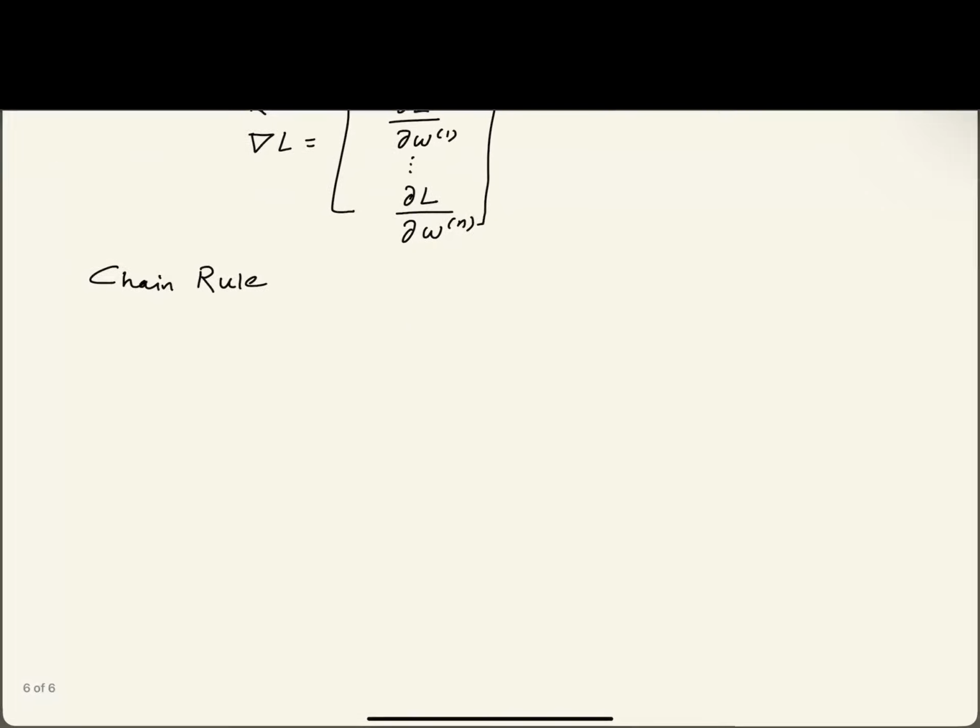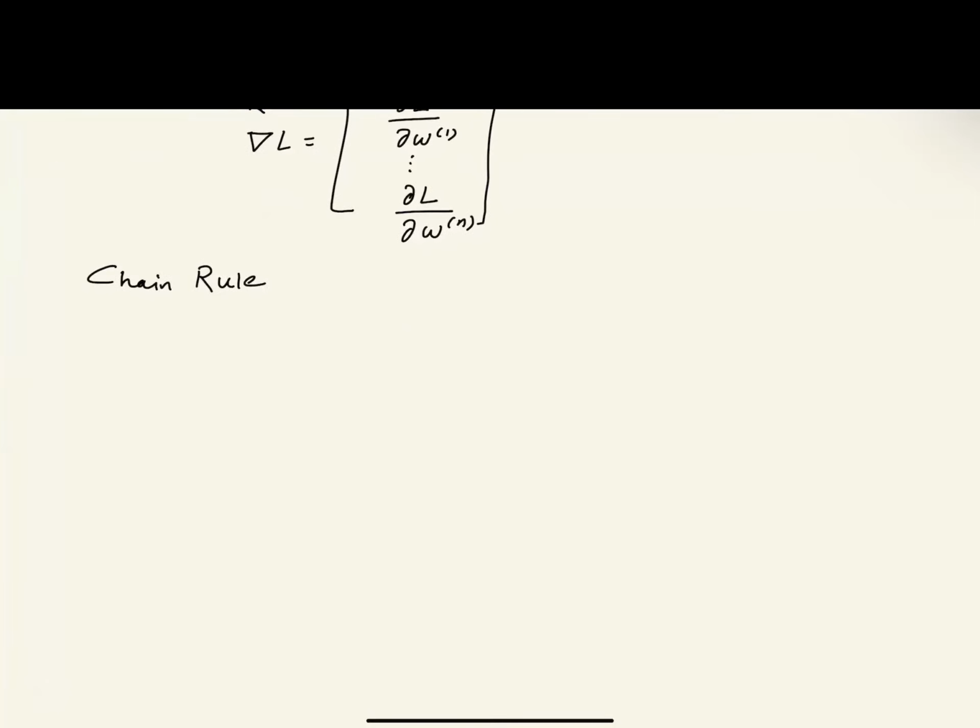To do that, let's consider a very simple case of a single neuron that has an input A^(L-1), the activation from the previous layer, that multiplies with the weight that connects that node to this one. This will go through an activation function, and after that, that will give us the value of the neuron.